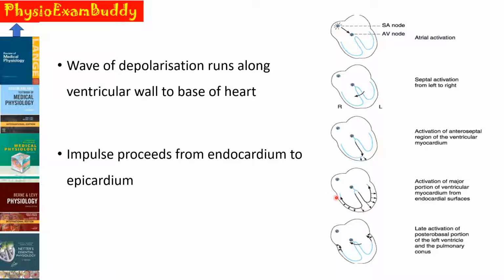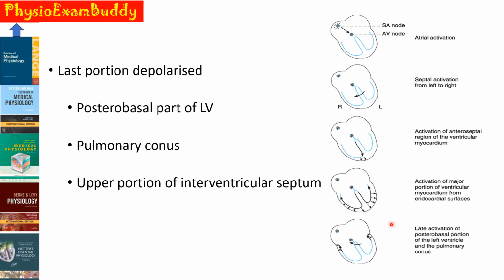The direction of the impulse usually proceeds from the endocardium to the epicardium. The last portions to be depolarized are the posterobasal part of the left ventricle, the pulmonary corners, and the upper portion of the interventricular septum.